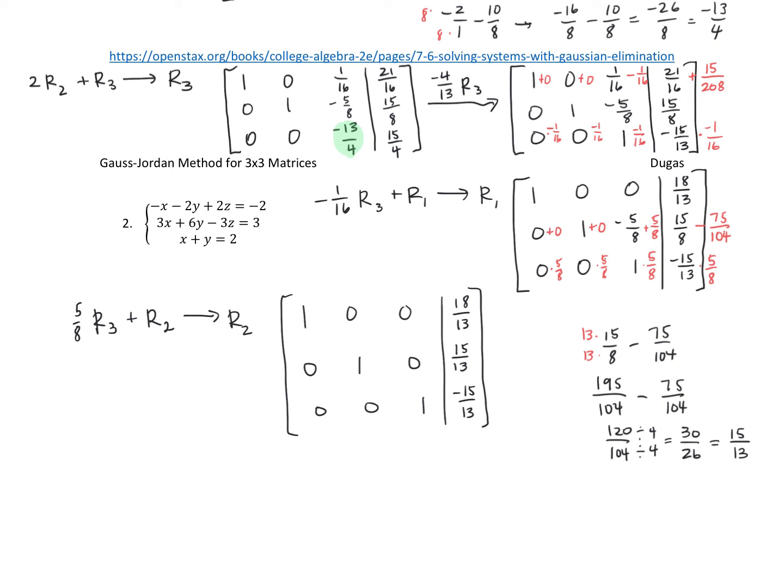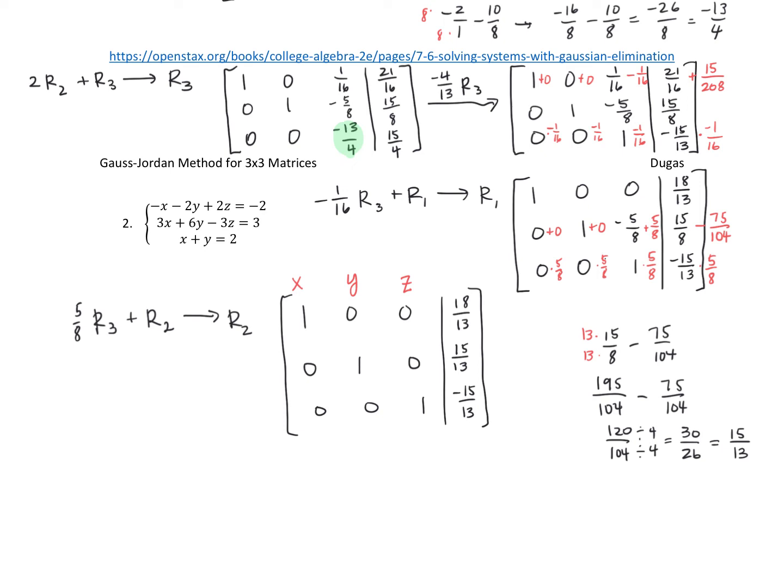All right, so we have our identity matrix for the coefficient matrix. So that is the first 3 columns is the identity matrix. And so remember that the first column tells you x, the second column is y, the third column is z, and the solutions or the constants are on the right.